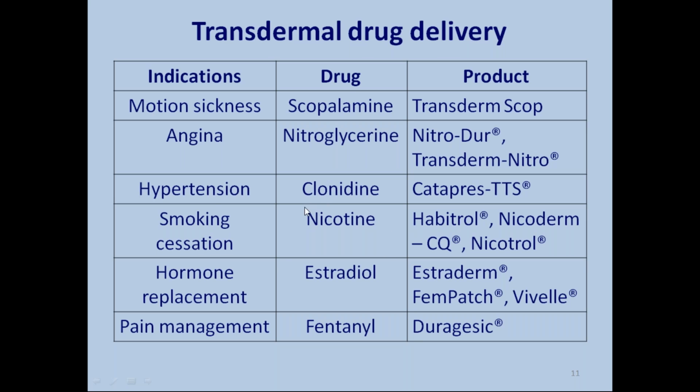The other is for smoking cessation, that is nicotine. The other is for hormone replacement therapy, that is estradiol. A wonderful product, which is even found in the Indian market, I think, is fentanyl. Other than that, I remember one more molecule in the Indian market, that is diclofenac.